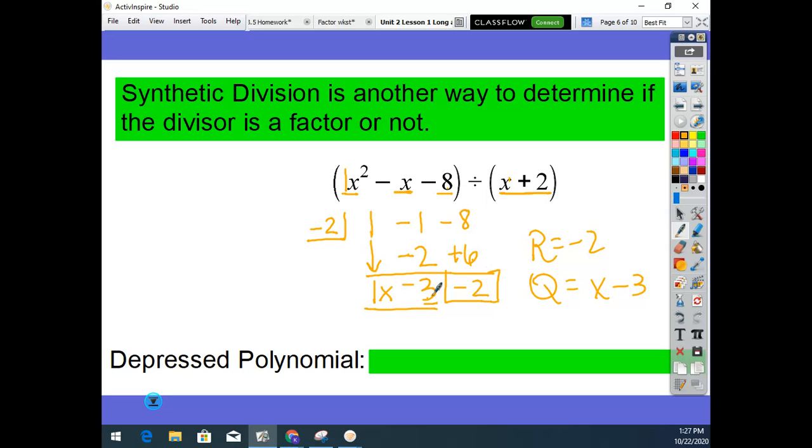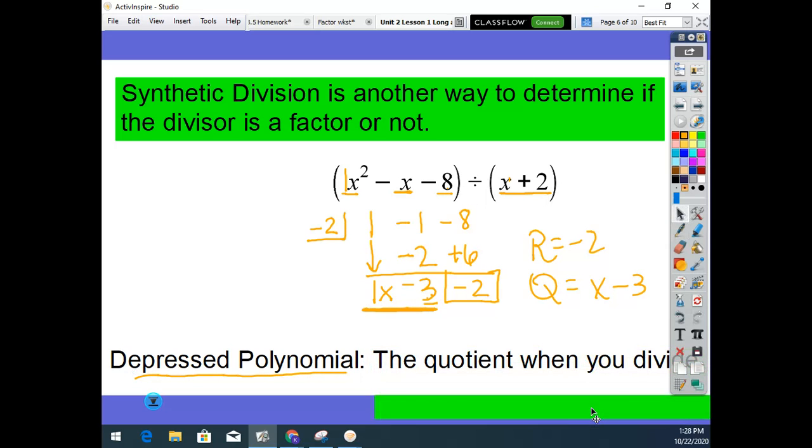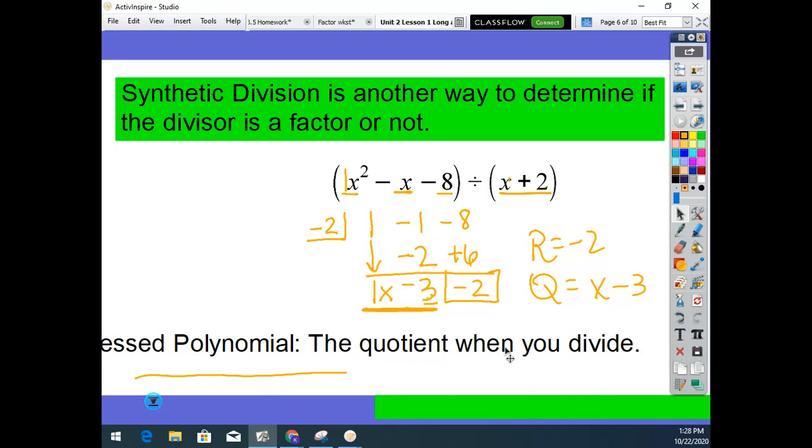The next number is always the constant, and then you just start moving your x's up. We call this part here the depressed polynomial. The depressed polynomial is just the quotient when you divide, what you're left with here. We're going to do a lot of stuff with this coming up.